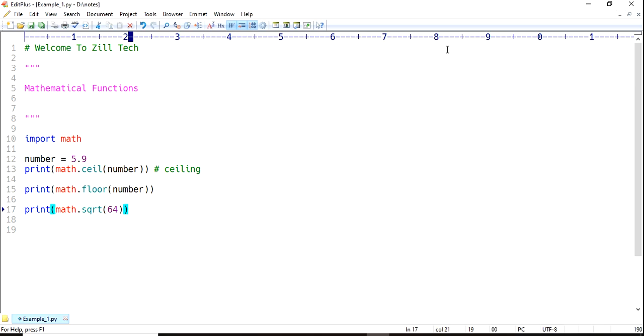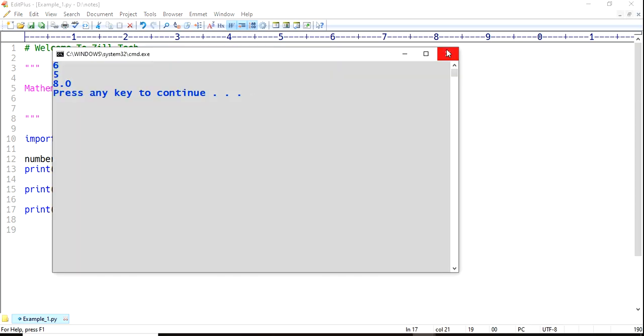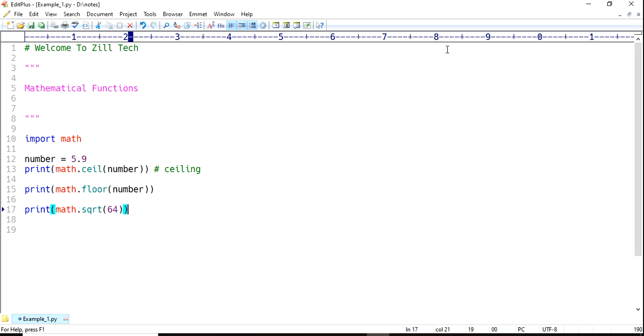The square root of 64 is 8, since 8 squared is 64. So we get the output 8.0. The result value is a float. We can't pass a negative number. This is about square root.